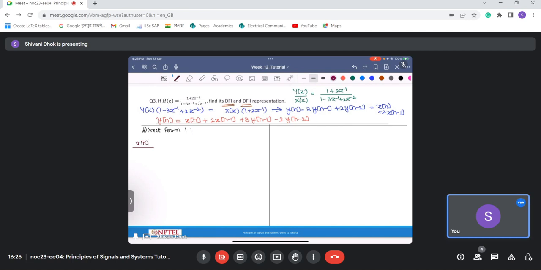Along with that, I have a delayed version of x[n]. This delay is characterized by the z inverse block, that is a unit delay block. So here I am getting x[n minus 1], and this gets scaled by a factor of 2. This is a gain block, and this gets added with x[n].